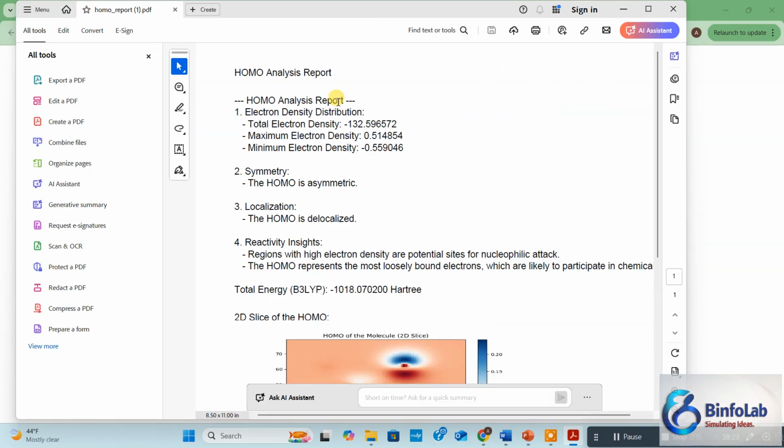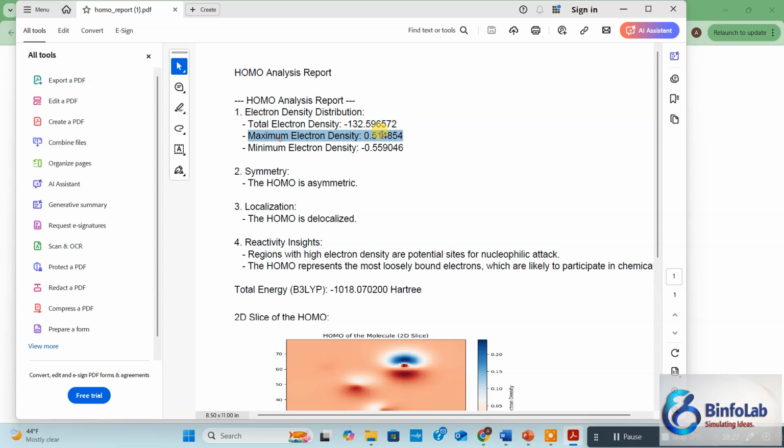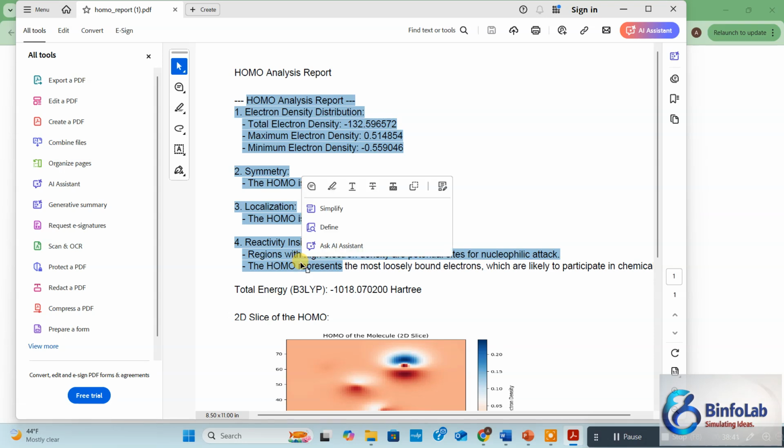Okay, now you can see a report like the HOMO analysis. This is the total energy of the captopril, maximum electron density, minimum. HOMO is asymmetric localization, HOMO is delocalized. But listen, as I told you, I do not guarantee this report.